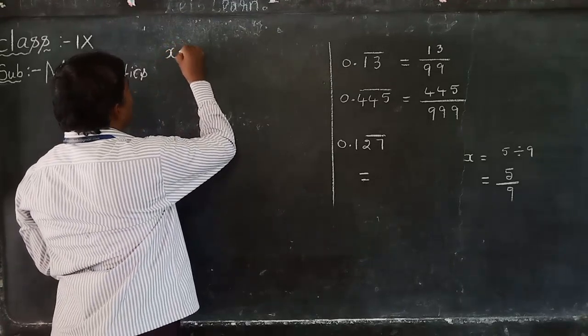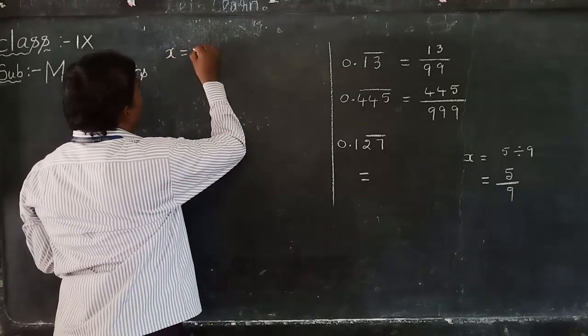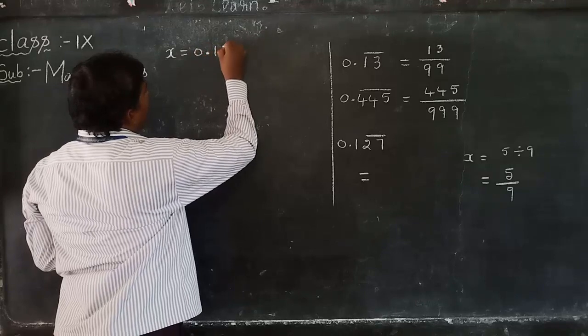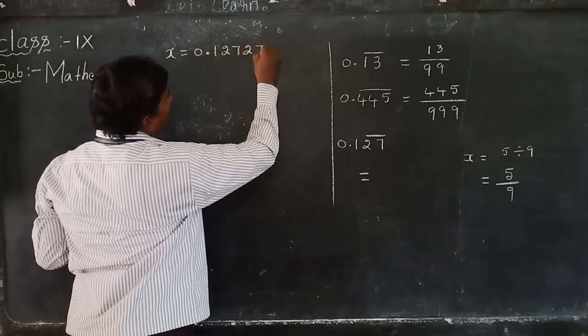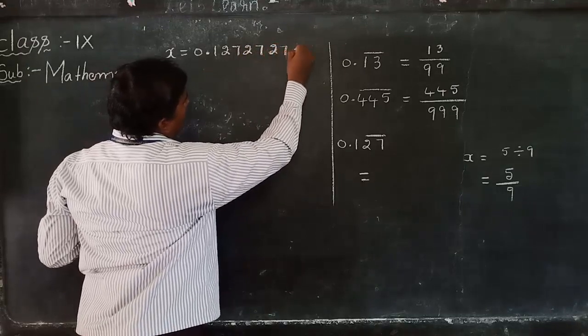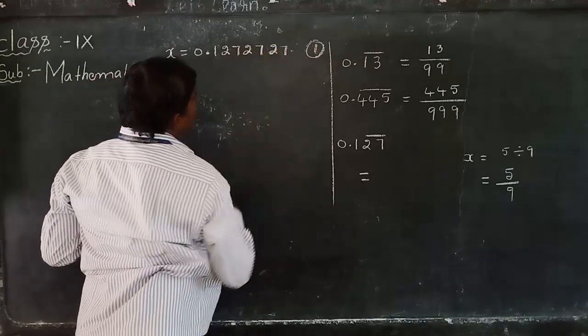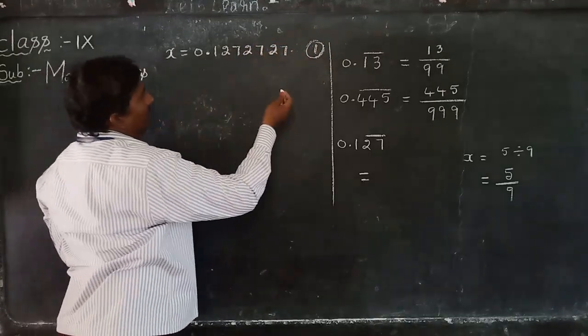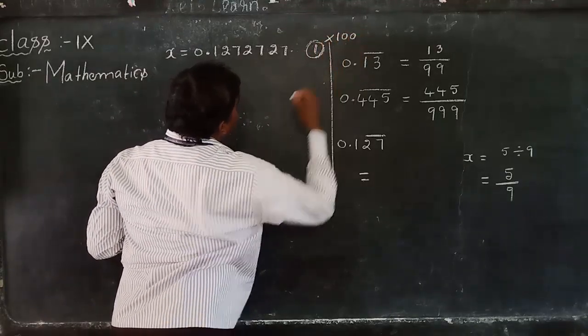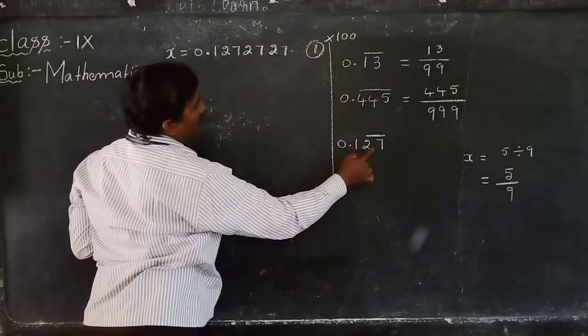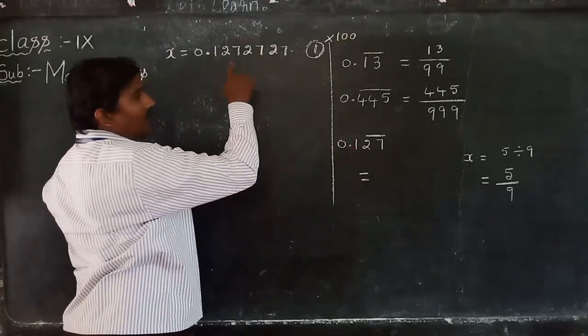X is equal to 0.127 and so on, equation number 1. We will multiply with 100 here. Why? How many values are repeating? 2 values are repeating. So we will multiply by 100.